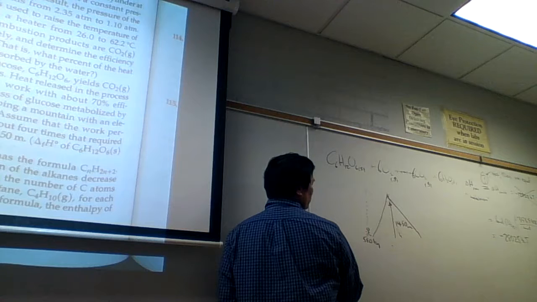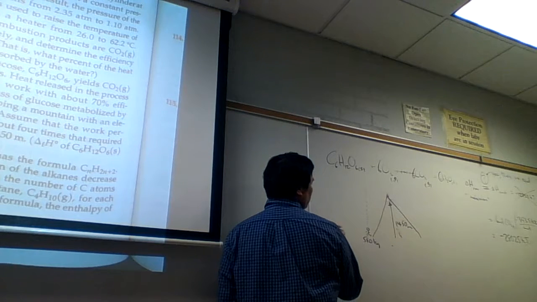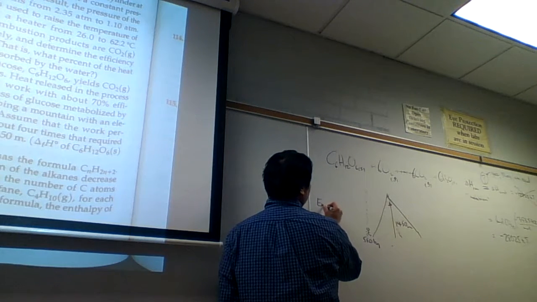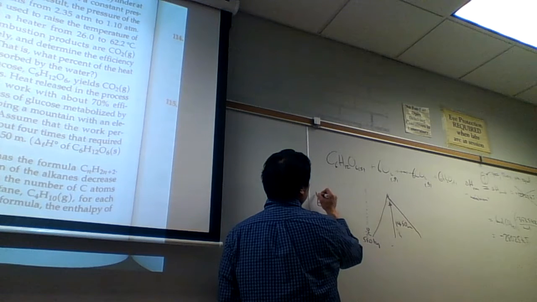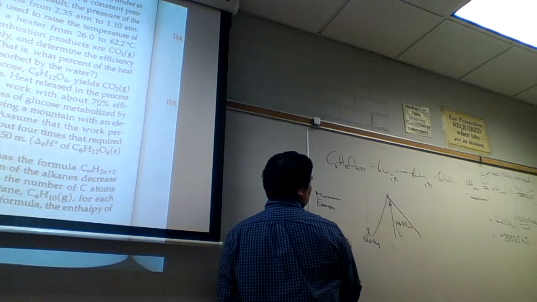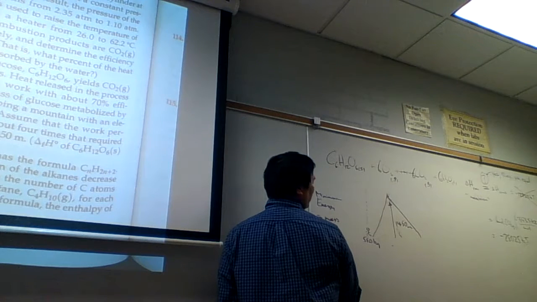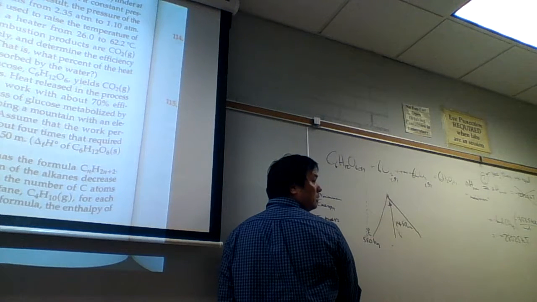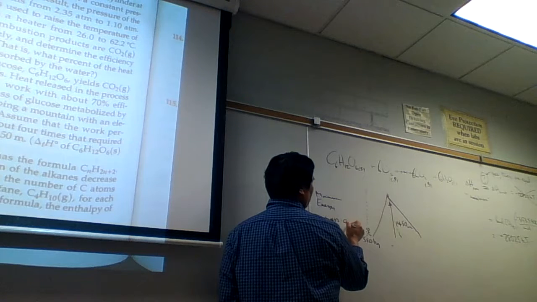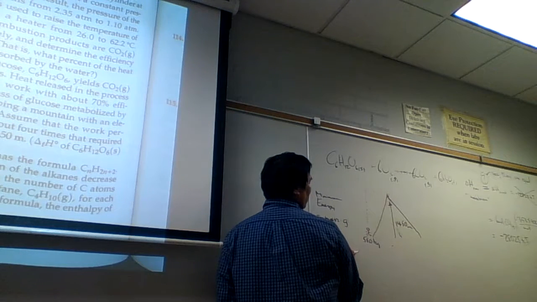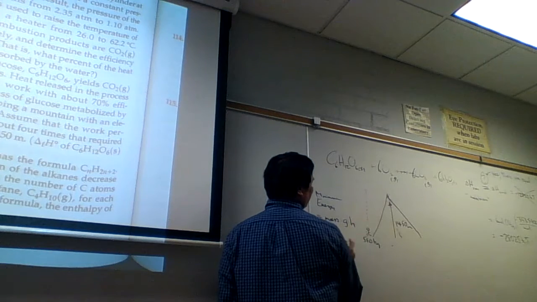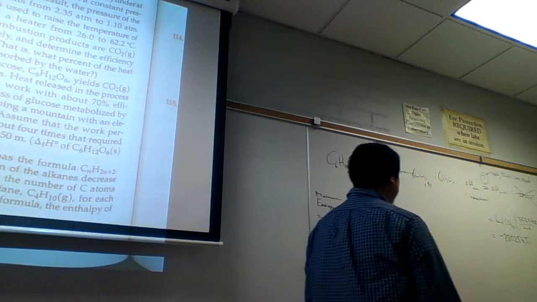The minimum energy is equal to the mass times the gravity times the height of the mountain. Because we've got to fight gravity in this case.